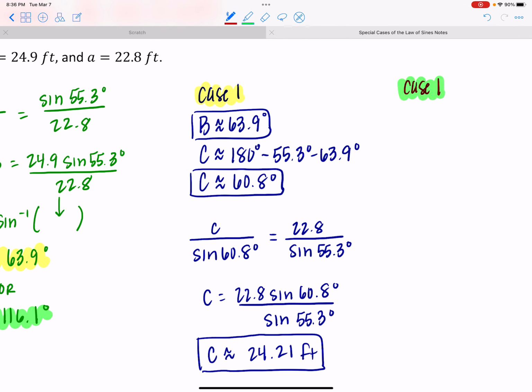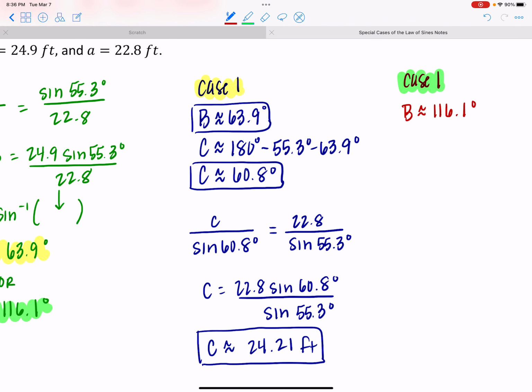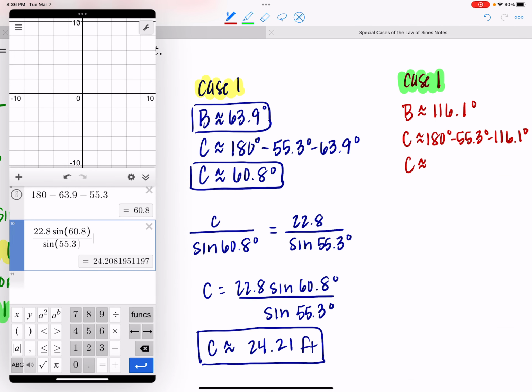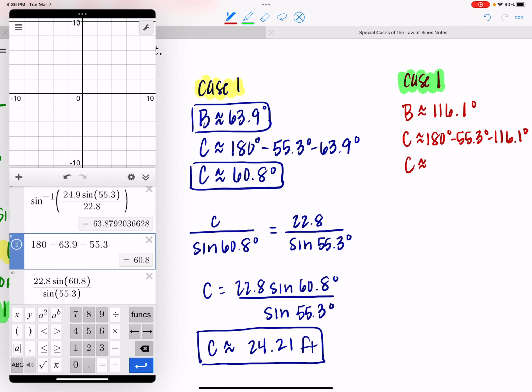So in case 2, we said we were going to let B be the angle from quadrant 2, which was the 116.1 degrees. So then C is what's left from 180. So 180 minus, again, the given 55.3 minus the 116.1 means that C is going to be, let's see, let's take that out and subtract 116.1.